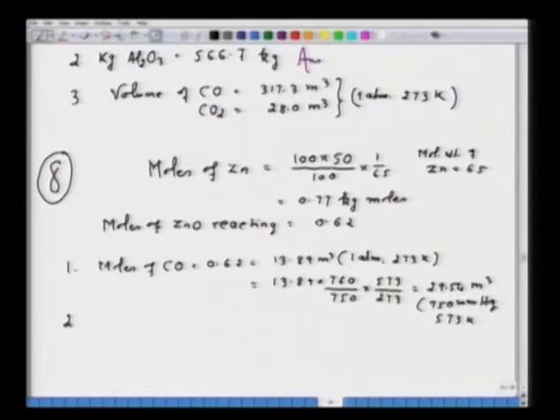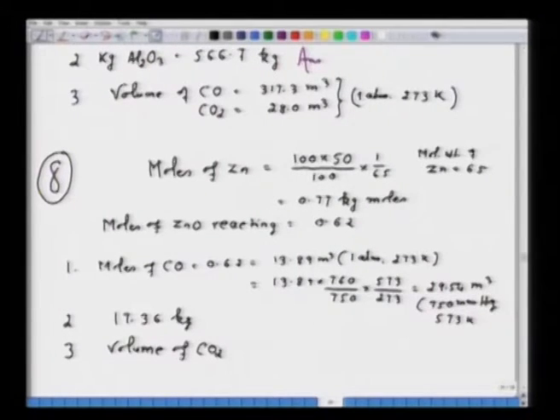Weight of CO, straight away you can find out, 17.36 kg. You have to multiply it by the molecular weight of CO. Third, volume of CO2, straight away you can find out.